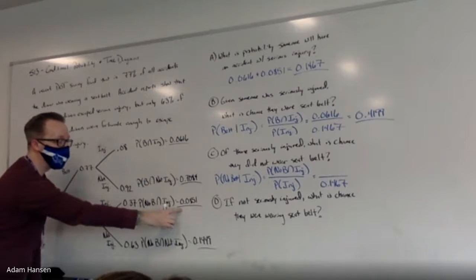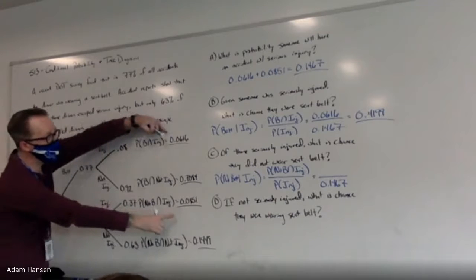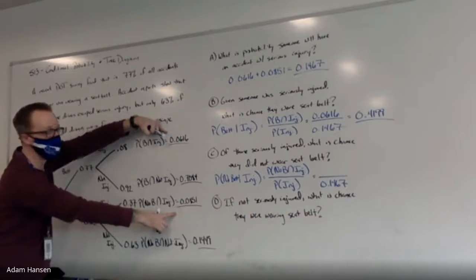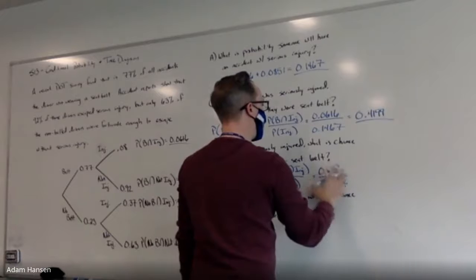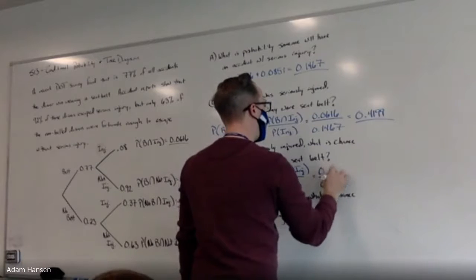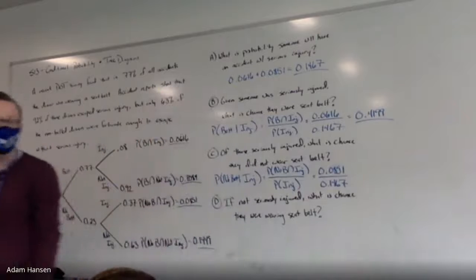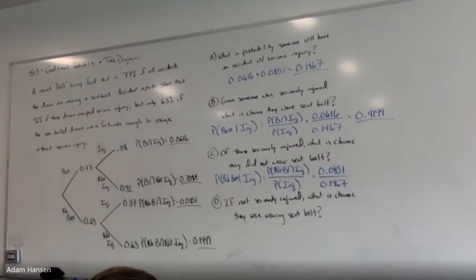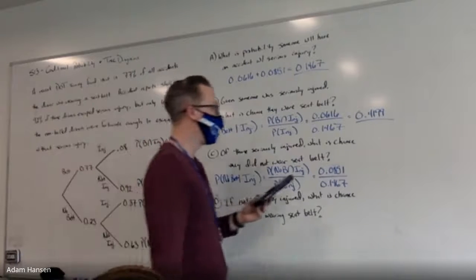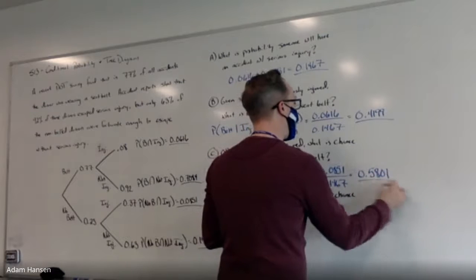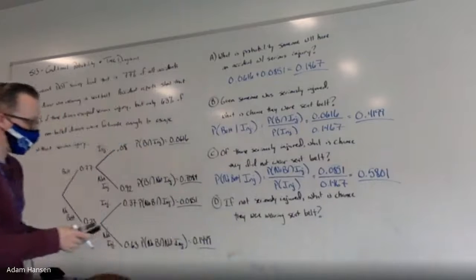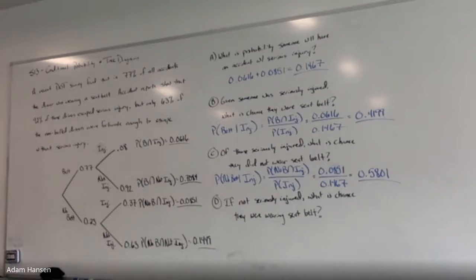So now I'm taking 0.0851 divided by the sum of 0.0616 plus 0.0851. I think this is just the exact opposite, so it should be the other, approximately 58%. 0.5801. If you were injured in an accident, there's a 58% chance that you were not wearing a belt.